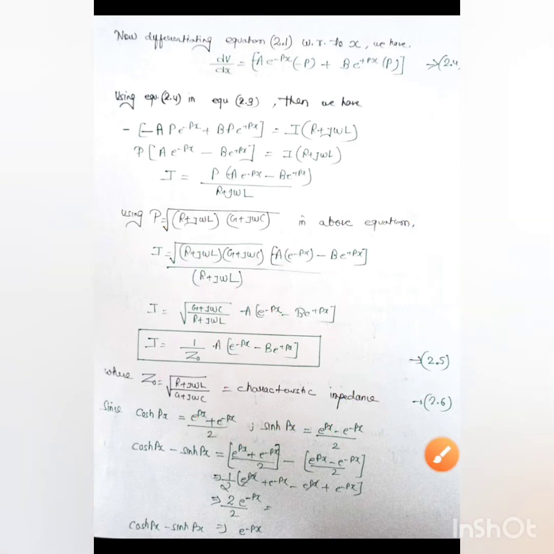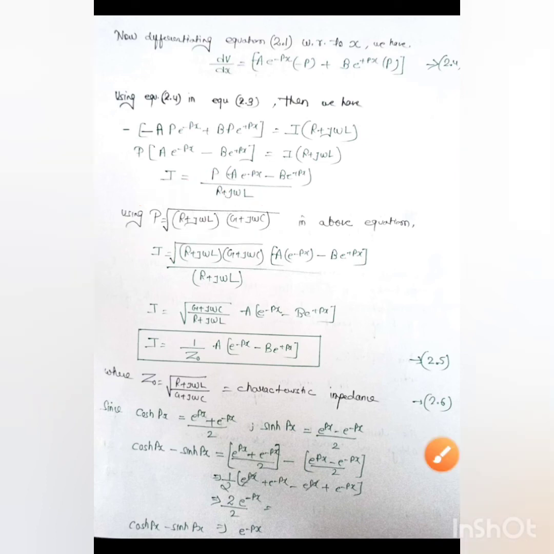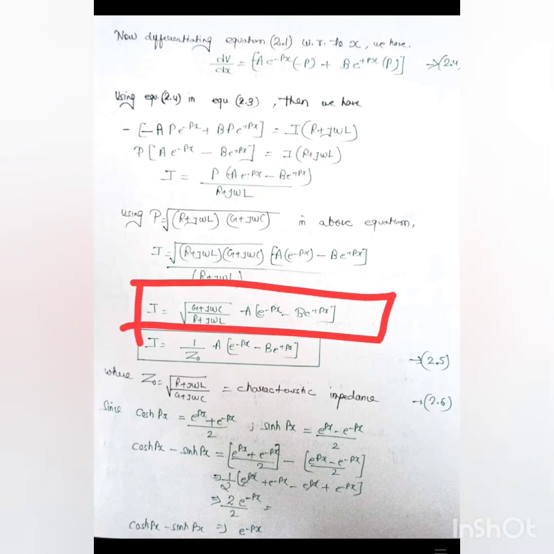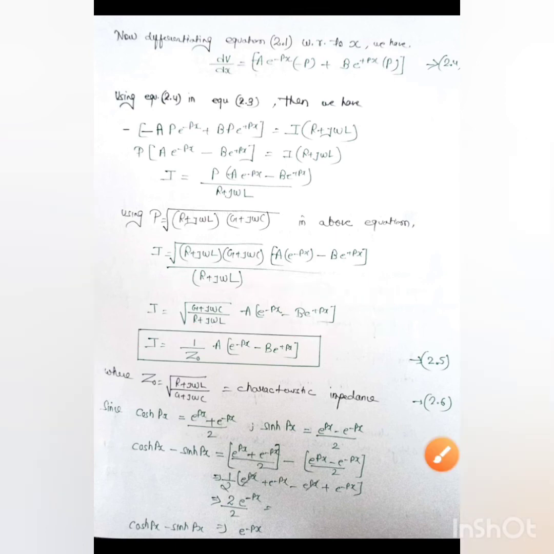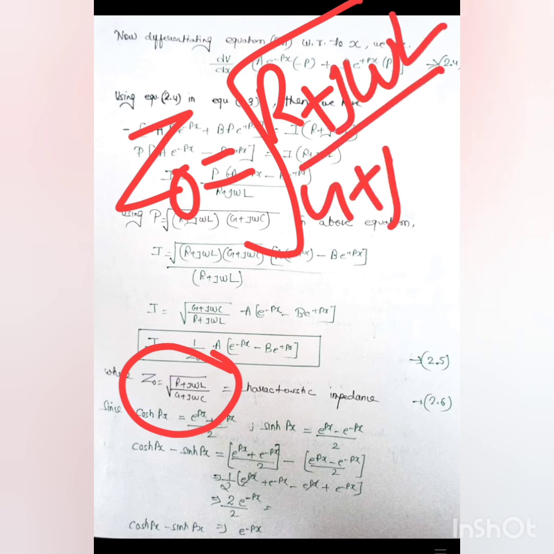So in place of P we write the root over (R plus j omega L) times (G plus j omega C), and after this we solve. Already in the denominator we have R plus j omega L, and after cancelling this term we get this equation, and here Z naught, which is the characteristic impedance, has the formula root over (R plus j omega L) upon (G plus j omega C).